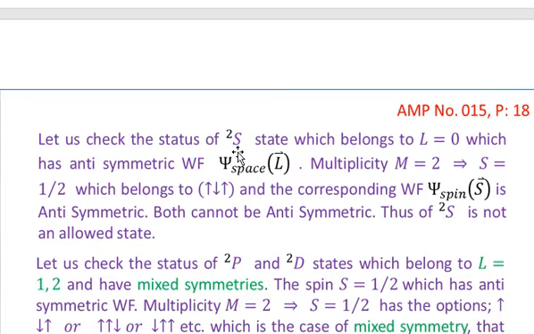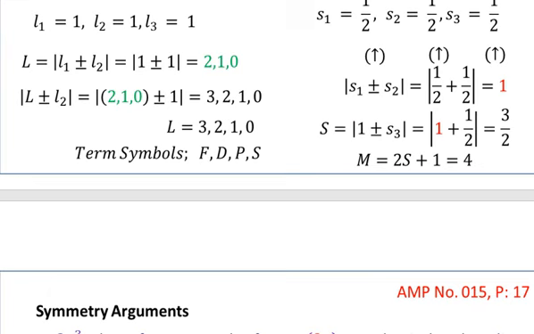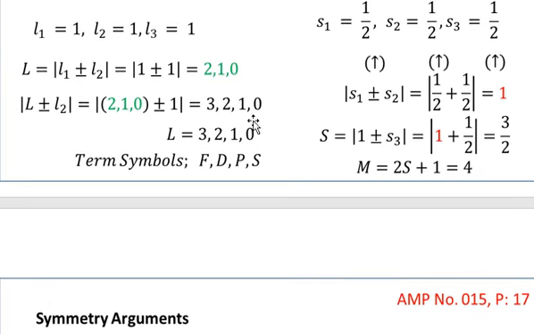Let us check the status of 2S state. You know that I have discussed L is equal to 0 state over here using the symmetry arguments. And I have found that the state corresponding to L is equal to 0 with the multiplicity equal to 4 is an allowed state.